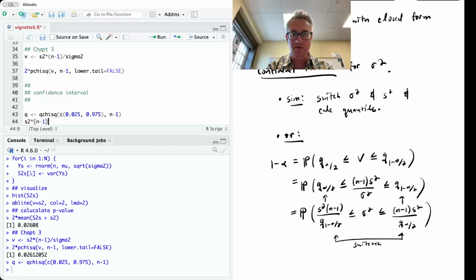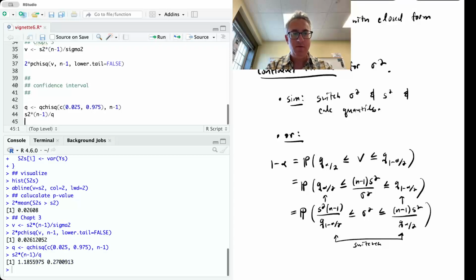then divide by Q. If you do it exactly following that formula, you'll notice that the interval is reversed from what it normally is. So usually we'd put the smaller one first and the bigger one second. So this is the same thing as going on when you're supposed to switch the order of the quantiles in the inequality the math way.